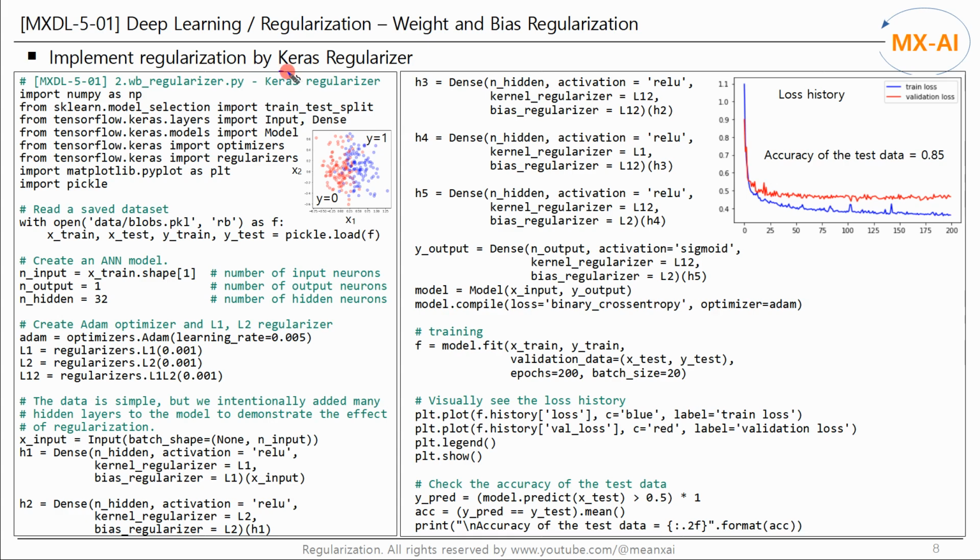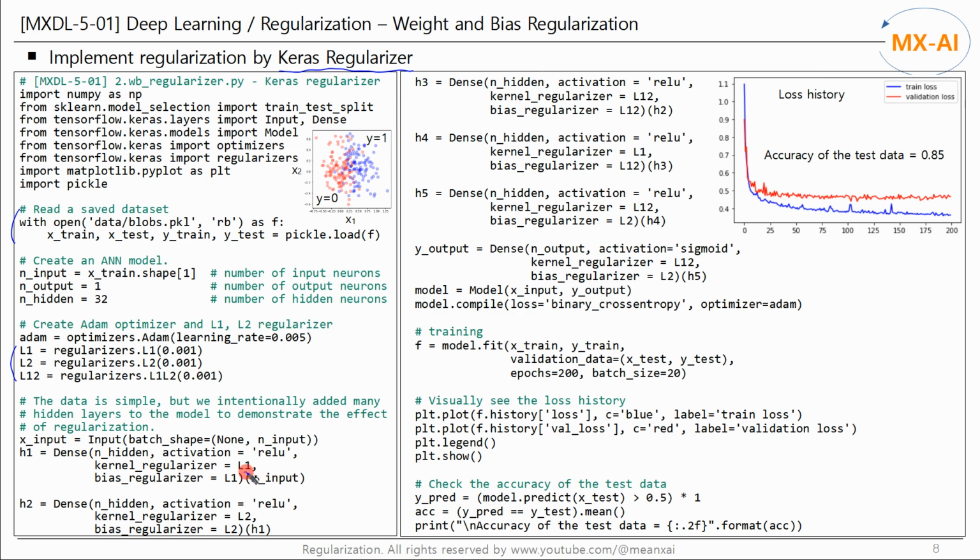Next, let's use Keras' regularizer. Read the data used in the previous code. Then we create L1, L2, L12 regularizers as follows. Let's create a neural network model.